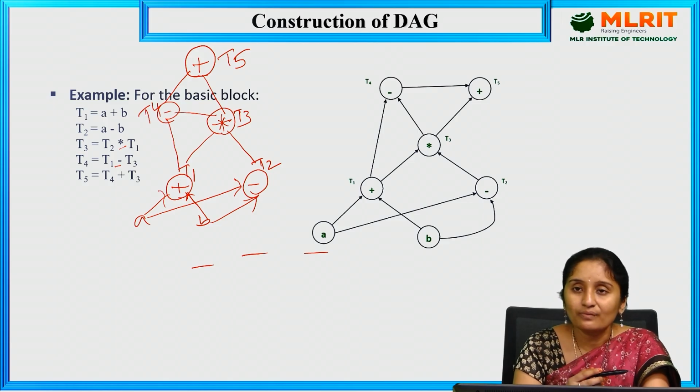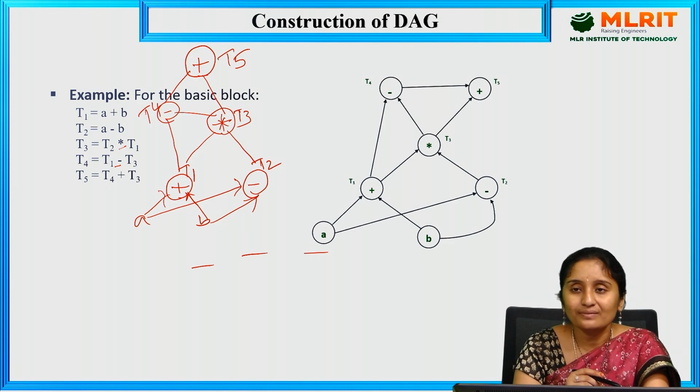Also we have seen some rules to follow to construct a DAG. Nothing but the internal nodes should be the operators, and the external nodes should be the names, identifiers or constants, and the result should be stored in the internal operators. While constructing this directed acyclic graph, we are going to eliminate common sub-expressions, remove dead code, and also eliminate redundancy.